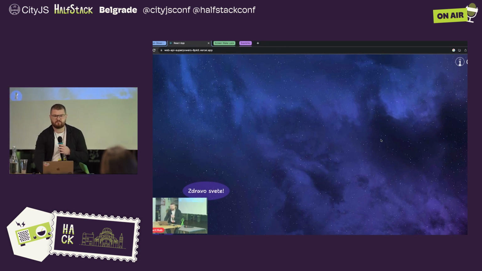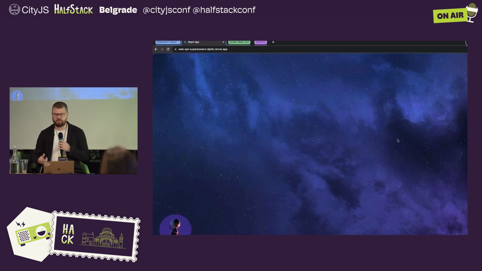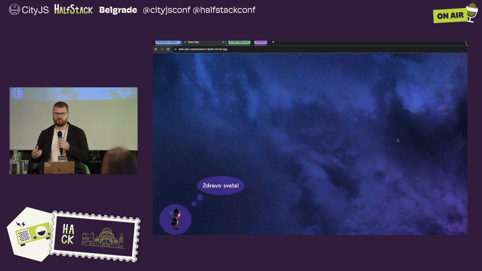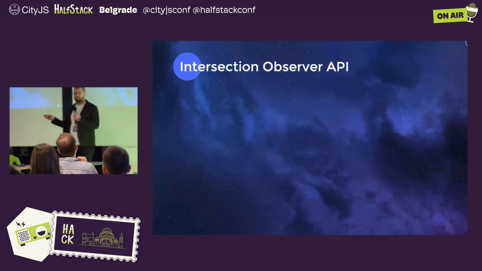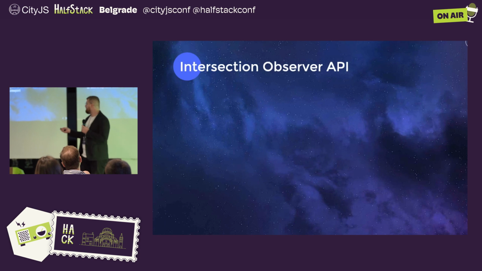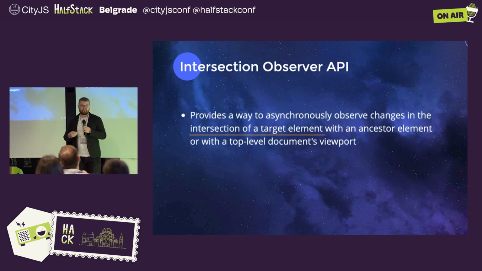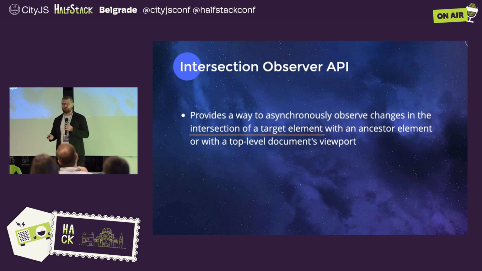We scroll up a bit. Once it's not fully visible, the message goes away. We scroll a bit down. Once the astronaut is fully visible again, he again says, "Hello world." Okay, how did we manage to do this? There is an API called Intersection Observer, which basically says if an element is visible or not, if it's intersecting the viewport or not.